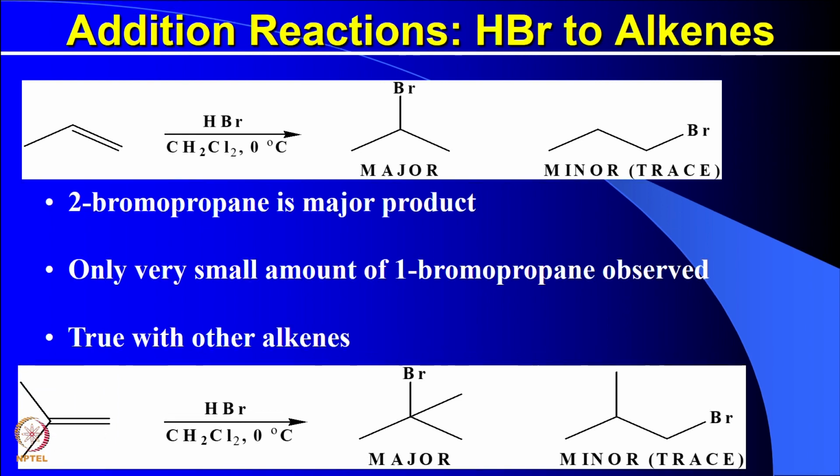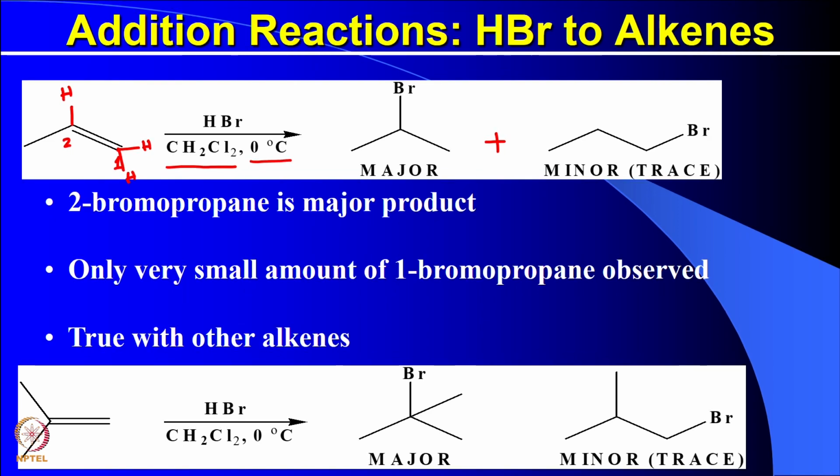Let us see what happens in those cases where the alkene is non-symmetric or asymmetric. In this case, you can see that carbon 1 and carbon 2 are different. Carbon 1 has 2 hydrogens and carbon 2 has 1 hydrogen. If you do HBr addition to this alkene using dichloromethane as solvent at 0 degrees centigrade, we get two products with very different percentages.